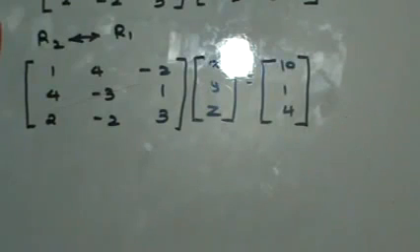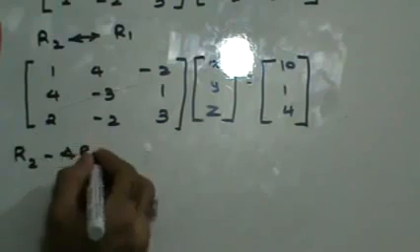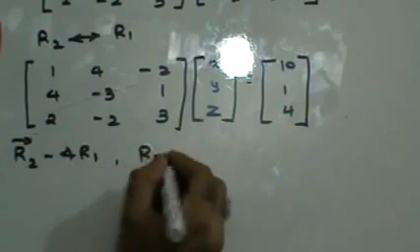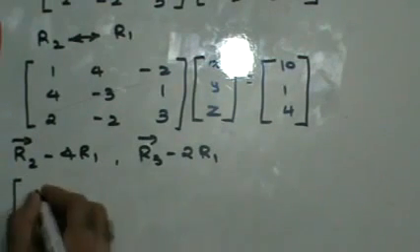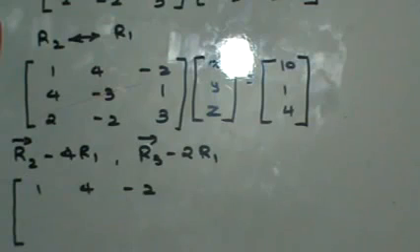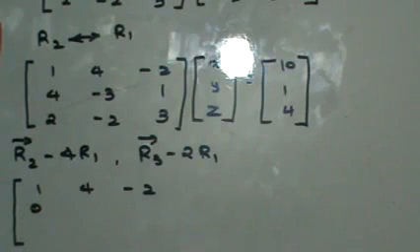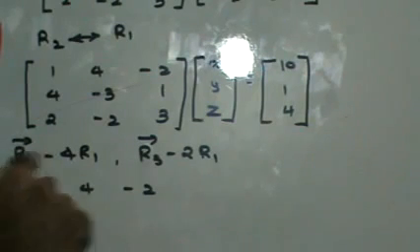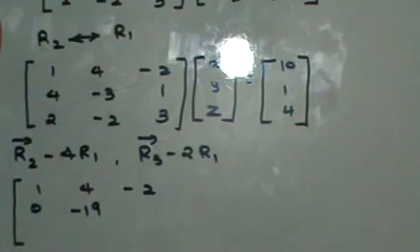Once you've done this, now I need to make the numbers in the second and the third position as 0. So this will be R2 minus 4R1 and R3 minus 2R1. In that case, you will get 1, 4, minus 2. Now 4 minus 4 is 0, minus 3 minus 16 is minus 19, then 1 plus 8 gives you 9.